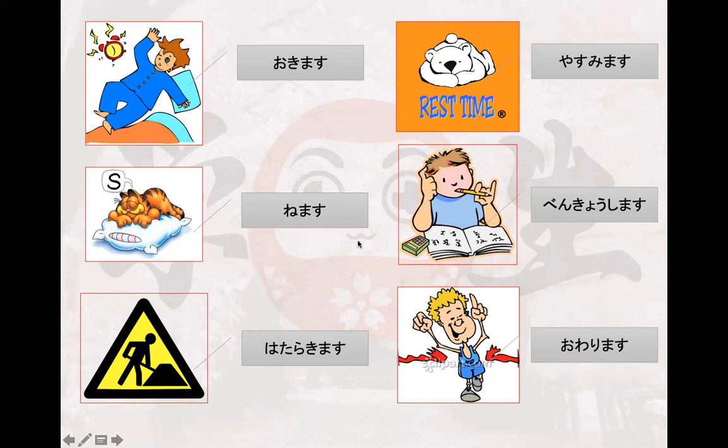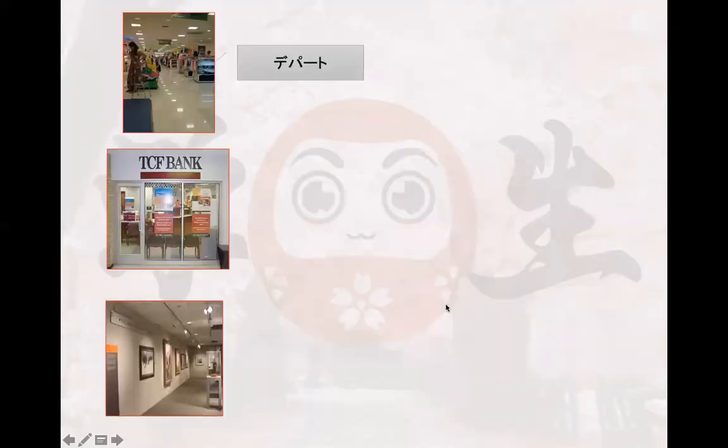Okay? Now, so I have here some vocabularies pa rin sa lesson 4. The first one is, nakakataka na, depato. Naturo ko na sa inyo na ito ay elongation of the sound. Depato is department store. So bank is ginko.